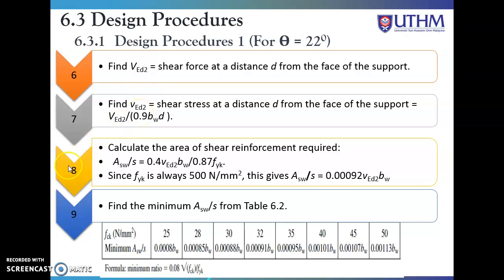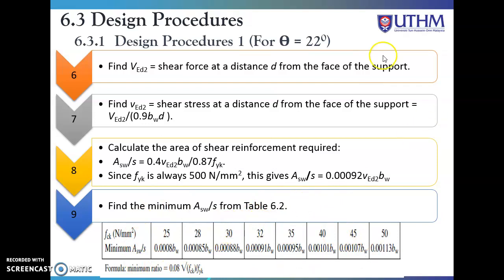So the next step, step number 8, is to calculate the area of the shear reinforcement required by using this formula. Since FYK is always 500, they just substitute kat sini, FYK is 500. So it will give us this equation. Then we can find the minimum ASW over S from this table.